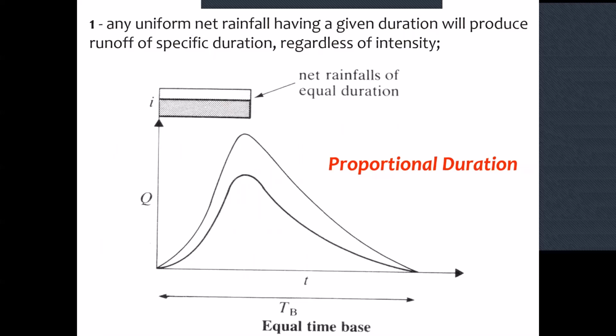So even if you've got one rainfall event that lasted for 1 hour and the hydrograph response took 2 hours, then even if you had a rainfall event that had 10 times more rainfall, if it only lasted 1 hour, then the hydrograph is still only going to last 2 hours. So it's this proportionality of time.